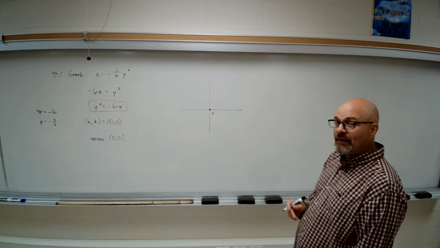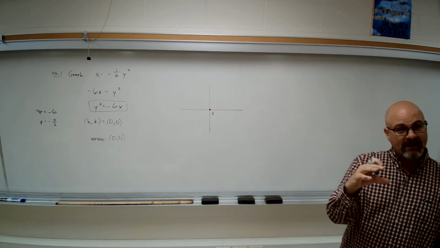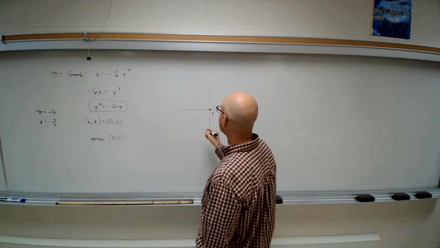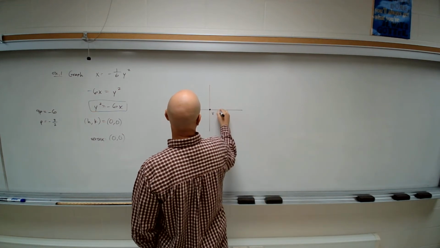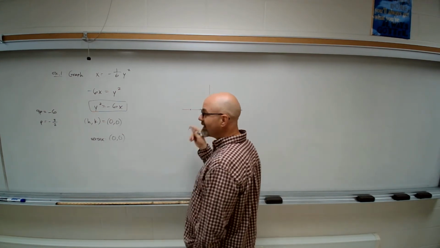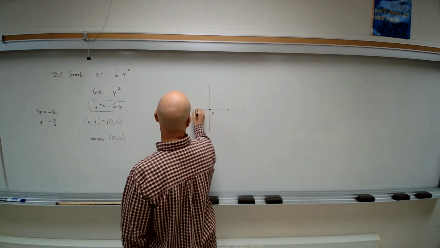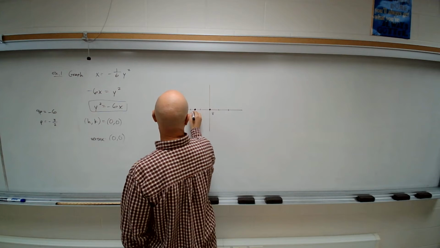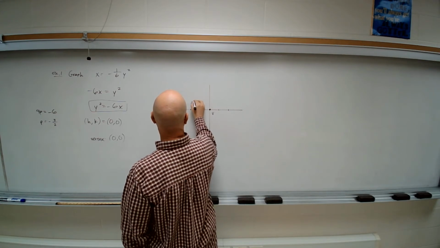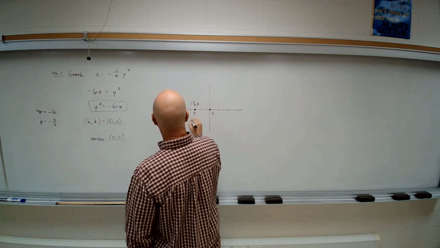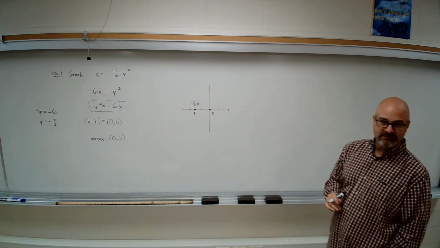Well, we know now it's going to be a side-to-side one, correct? So what this tells us is we're going to go p units to the side to find our focus. So our focus is going to be over here at this point, and it's going to be the point -3/2, 0, and that's going to be our focus.